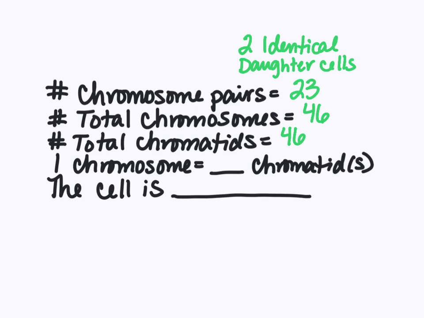And that's because each chromosome is now made up of only one chromatid. Now we still have paired chromosomes present, which means that we have homologous chromosomes, which means that the daughter cells are diploid. So these cells are diploid.